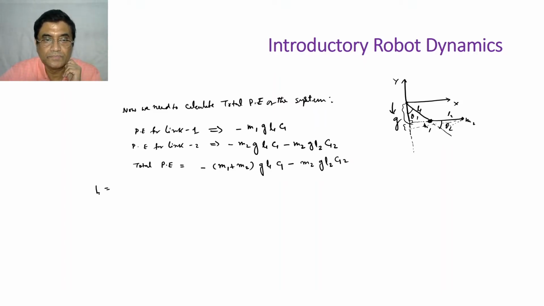So what is L? L equals kinetic energy, total kinetic energy minus total potential energy. So now bringing back from the last page, the total kinetic energy we have deduced.